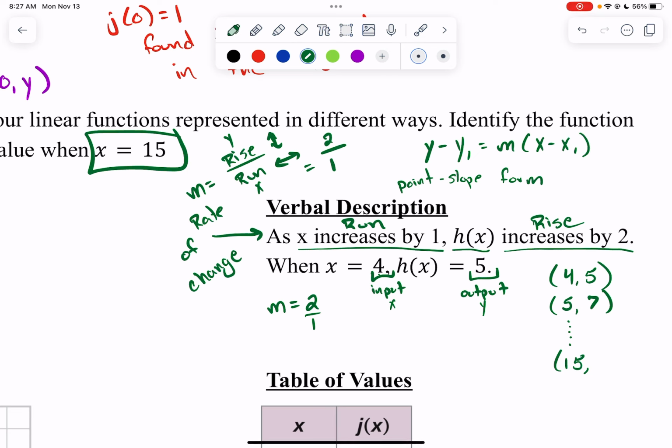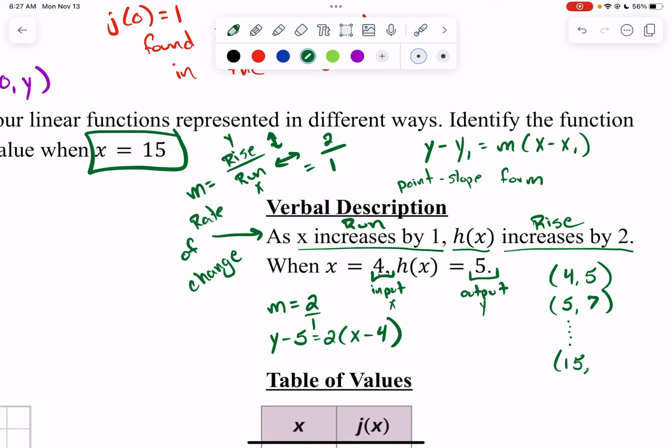So my equation ends up being y minus my y1, which is 5 for my ordered pair, equals 2 times x minus x1, which my x1 there is 4 from that. So there's my equation. I now have an equation here.